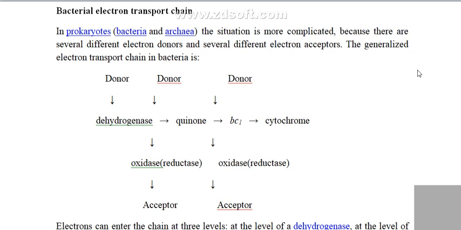Until now we have seen that the EMP pathway, then later on the citric acid cycle or the Krebs cycle, generates NADH and FADH2. These NADH and FADH2 transfer electrons from these molecules, and they themselves get oxidized.